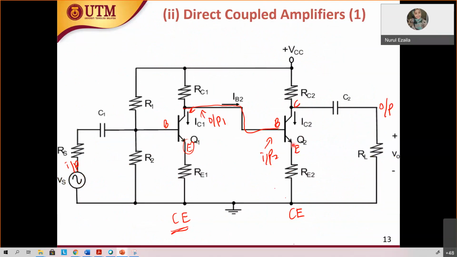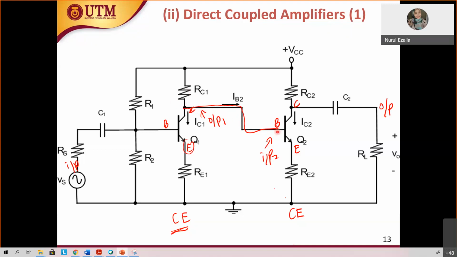The current IB2 here is actually equal to the current IC1 over here. It's the same node. So current IB2 is actually coming out from stage 1.